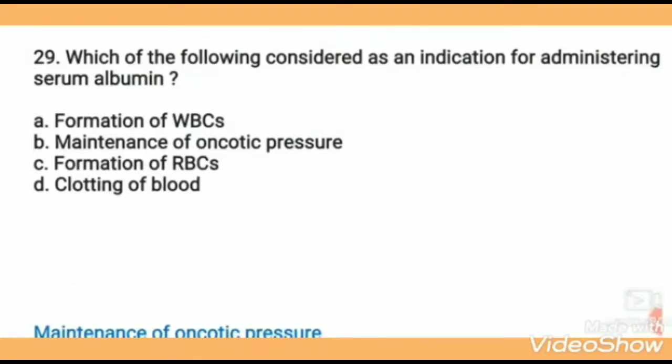Serum albumin is a protein found in blood plasma that helps maintain the blood pressure. Due to the colloidal nature of albumin, and to a lesser extent of other blood proteins called globulins, they keep the fluid within the blood vessels and hence maintain the oncotic pressure.